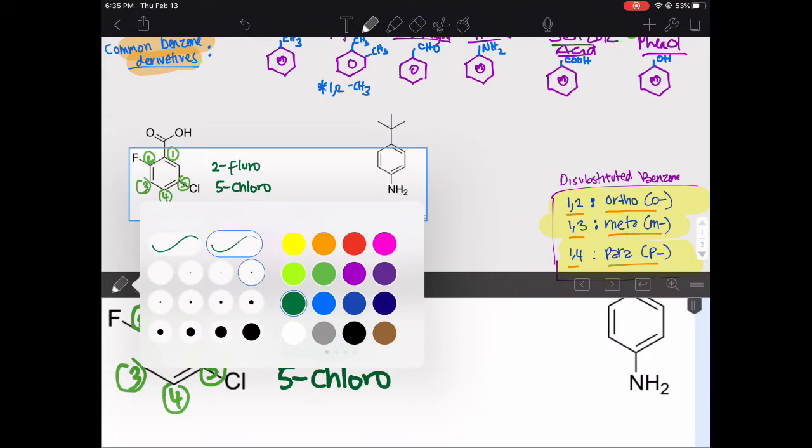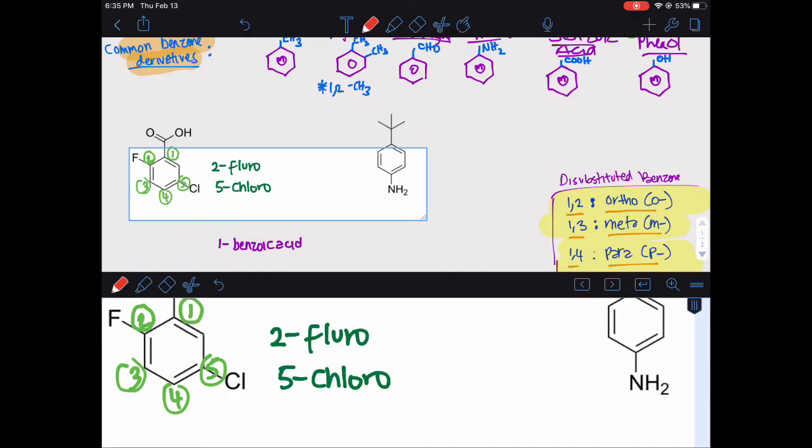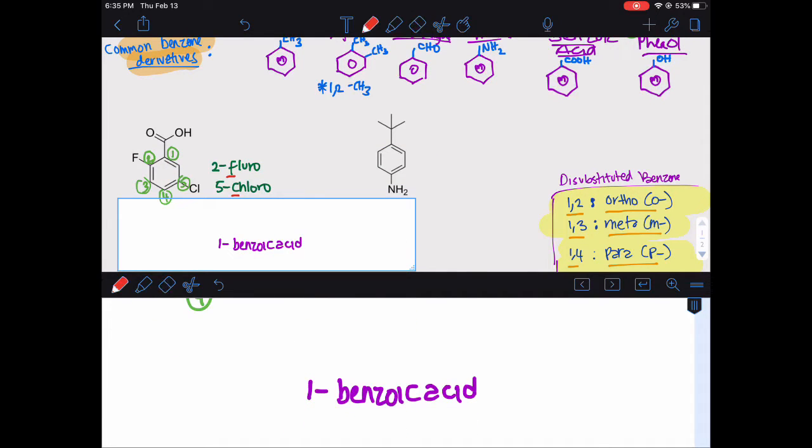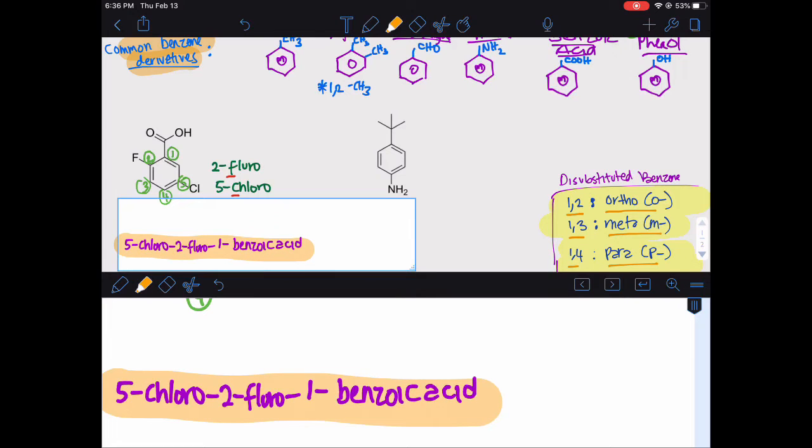So with this, you want to remember when you do IUPAC naming, you do it in alphabetical order, the substituents in alphabetical order. So the chloro is going to go first because it's a C. Okay, so if we put this together, it will be 5-chloro, 2-fluoro, 1-benzoic acid. That's the name for that structure.